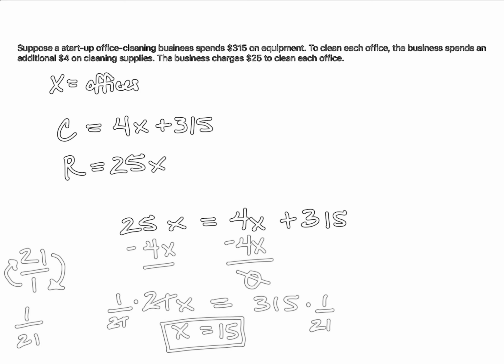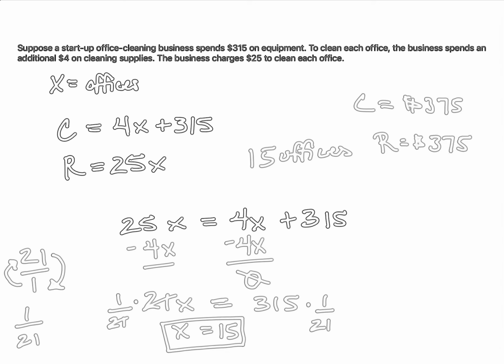Because 15 times 25 is 375, and then 4 times 15 is 60, and you add that to 315 and you get 375. So you will break even with 15 offices, and your costs will end up being $375, and your revenue will be $375 as well.